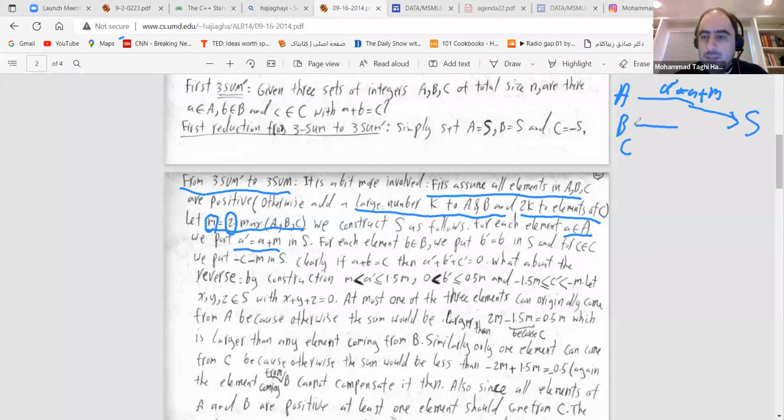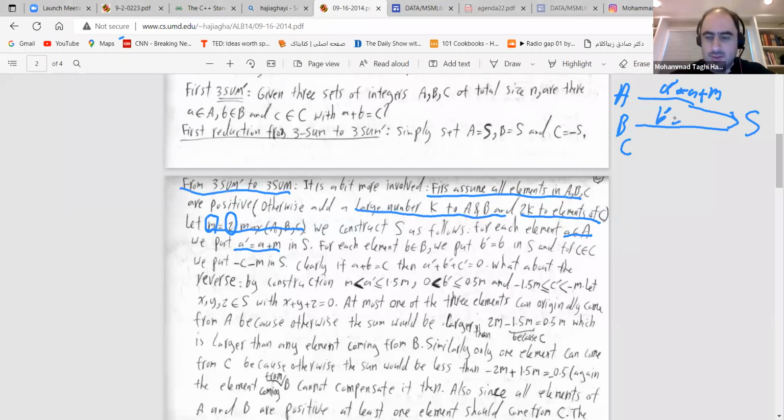What about B? For each element B, we are putting B prime, which is equal to B. Let's see. There are some issues with this way of doing it. Okay, so let's see whether it is good.